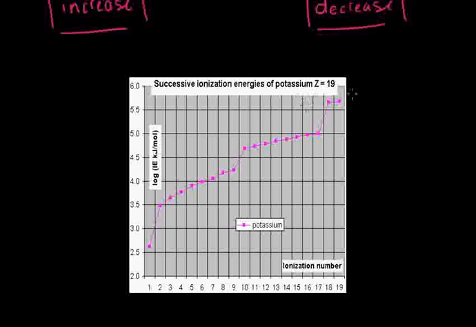But a question that comes up a lot on the SAT and on the AP is they give you a graph of ionization energies and they'll say explain why there's this jump right here. And so if we have potassium, this is the graph of ionization energy for potassium, we're going to see that potassium has one valence electron.